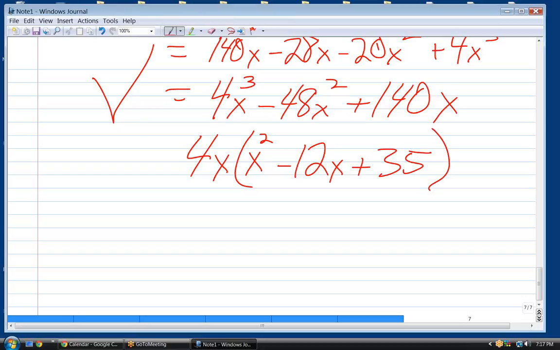Yeah. So that's the volume of our box. And we're basically going to do the same thing. We're going to analyze that quadratic and figure out where it is at a maximum. Hold on a second. Something's wrong here. What is it?